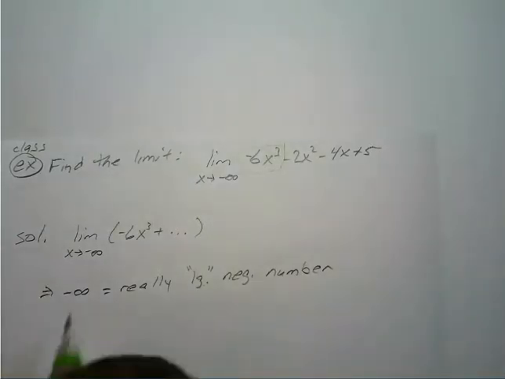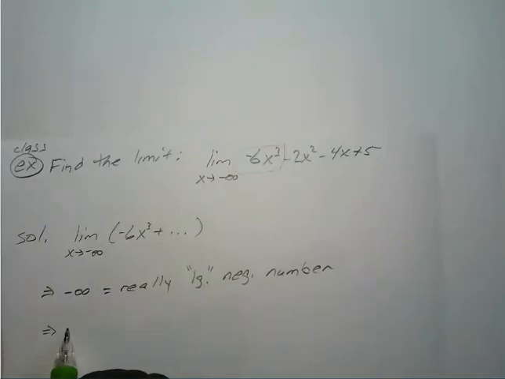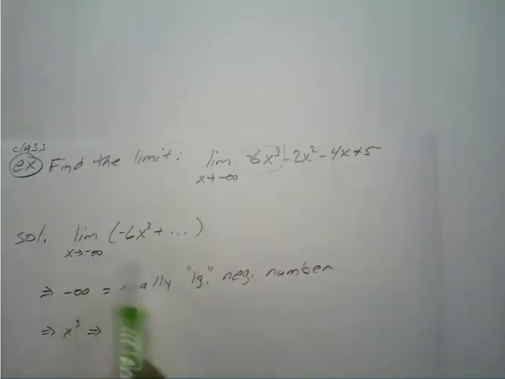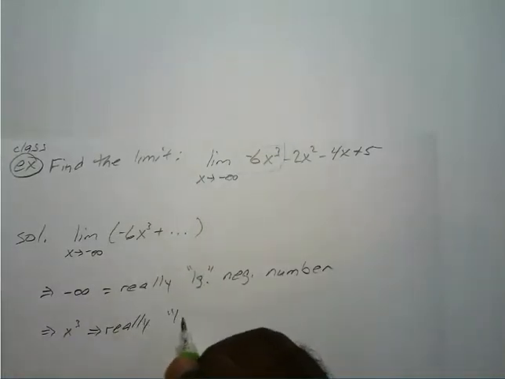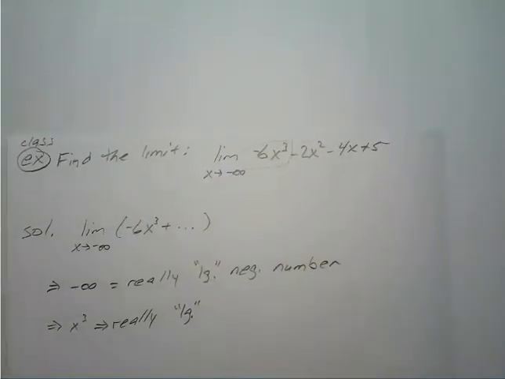Okay, so that means you have x to the third power. What is that? Well, that's just a really small negative number. Again, large is in quotations because technically it's a small number, but because it's getting smaller and smaller, it's going to be negative billions and trillions, so I'll put large in quotes.